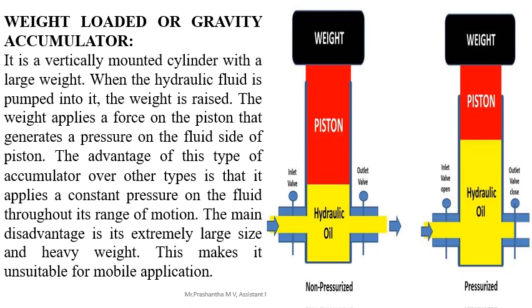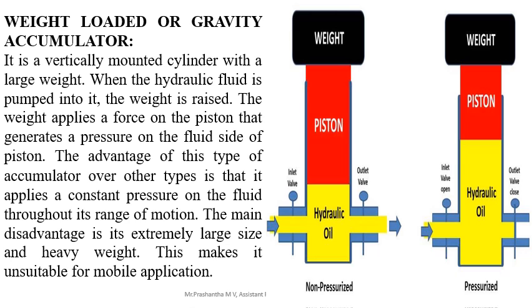Because of this external source, the weight, the pressurized liquid is stored in the cylinder chamber, the accumulator chamber, the yellow colored region. Here the liquid is stored with pressure energy, and the outlet valve is blocked. So wherever it is required, suddenly or intermittently, it can be used according to its application.